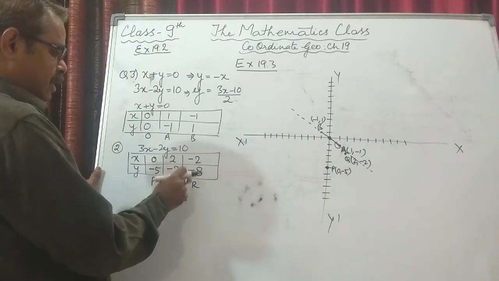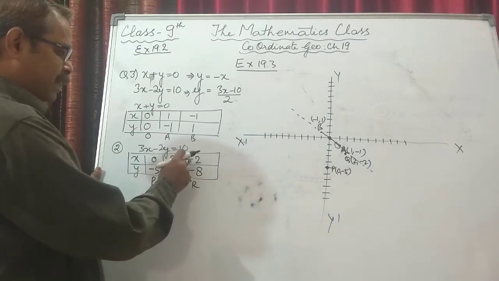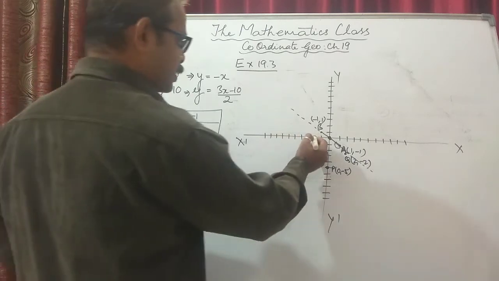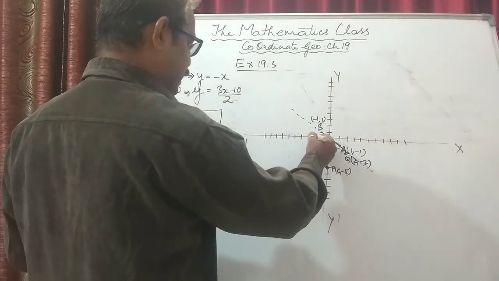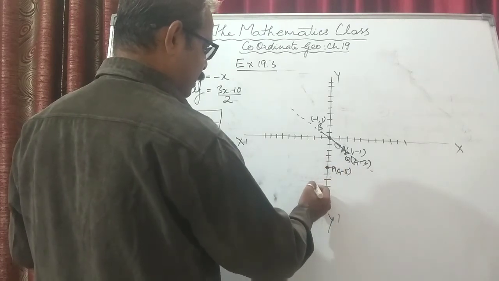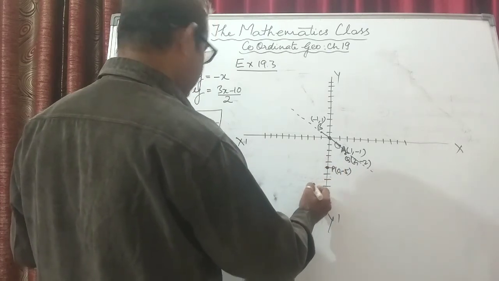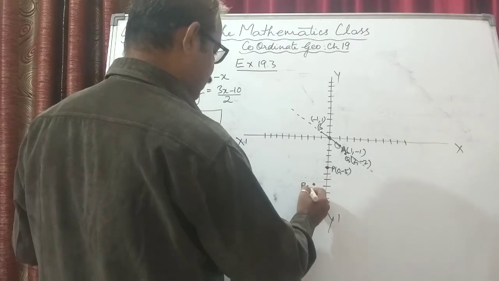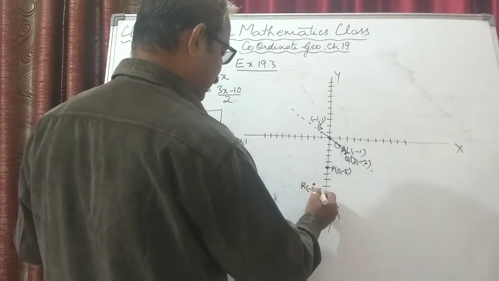Then at point R, x is minus 2, somewhere here. Y is minus 8. So 1, 2, 3, 4, 5, 6, 7, 8. It means somewhere here is your point R, and the coordinates of R are minus 2 and minus 8.